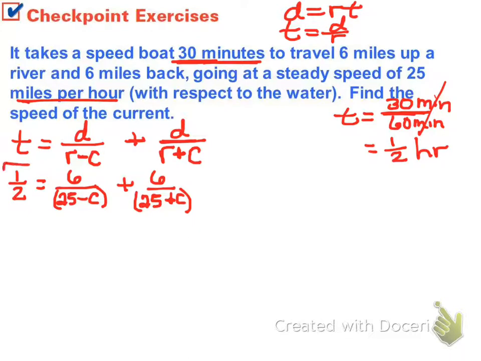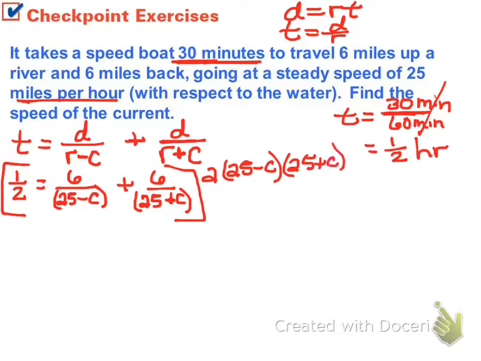And we're going to multiply every term times this common denominator of 2 times the 25 minus c times the 25 plus c. Remember, multiply it times every term in your equation.